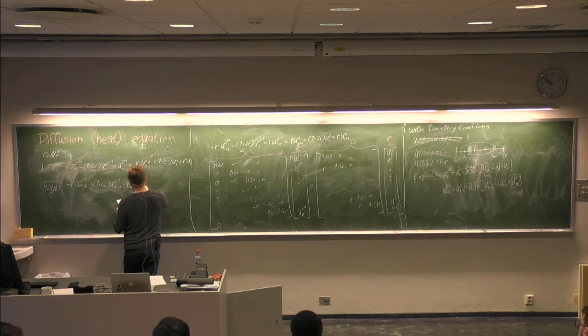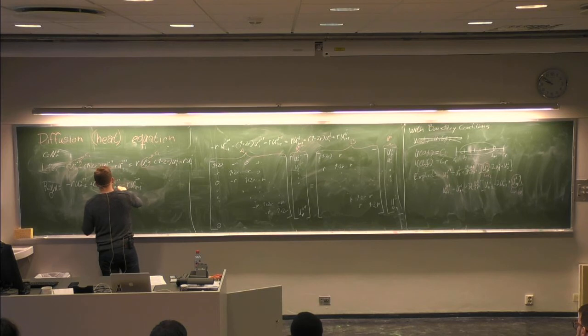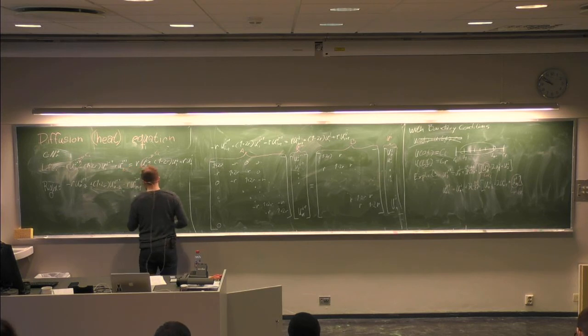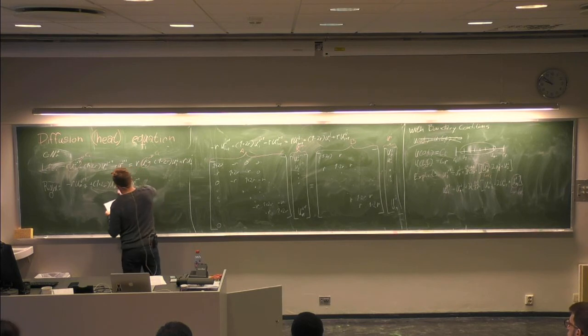No, this is going to be minus 1. This is going to be minus 2, and this is going to be minus 3. No, n minus 1 and n minus 2.